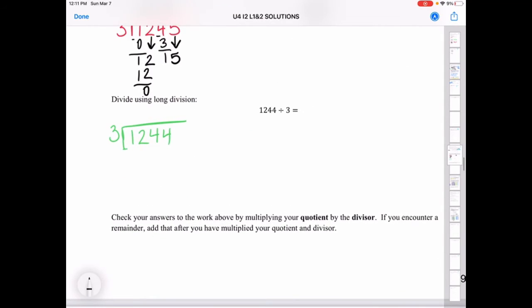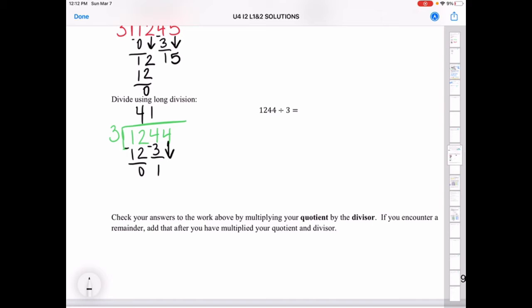Using the same process, 3 goes into 1 0 times. So I'm not even going to bother with that step that I just took in the last problem, because I know I'm going to put a 0 here. 3 times 4 gives me 12. So I'm going to put a 4 up here, and I'm going to have 0 remainder. Now I'm going to go to the 4. 3 goes into 4 once. I have 1 left over.